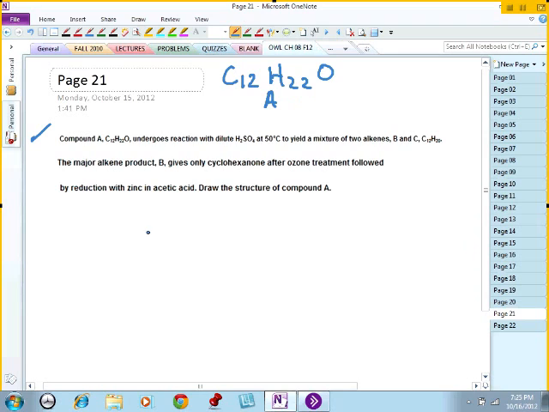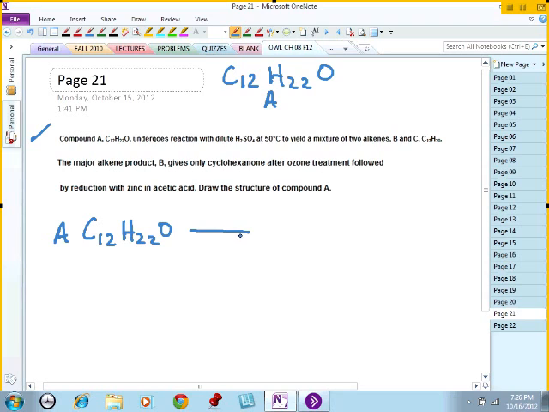Okay. So what we have is compound A. This is what we call a roadmap question. We have compound A. The formula is C12H22O.